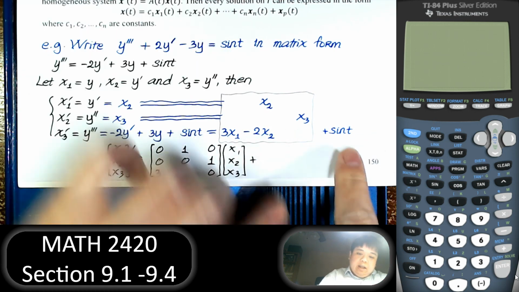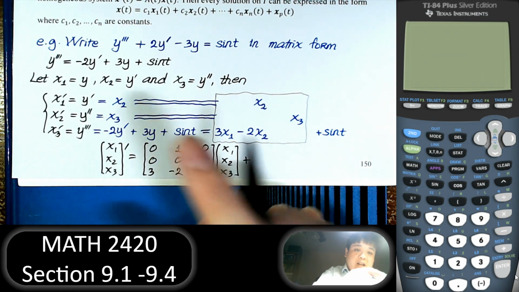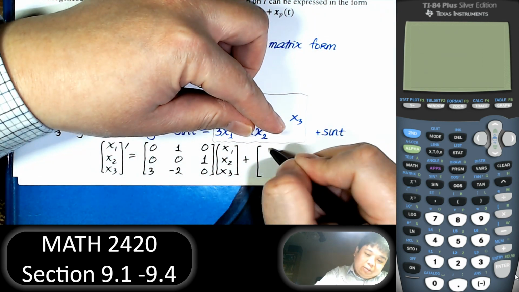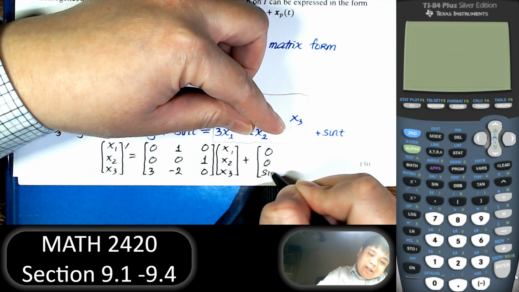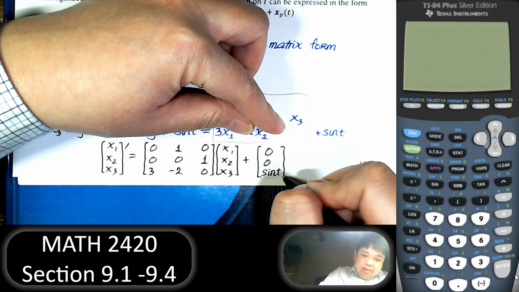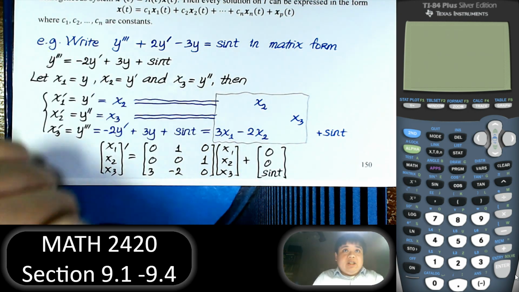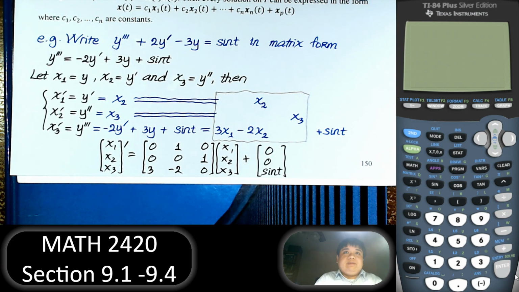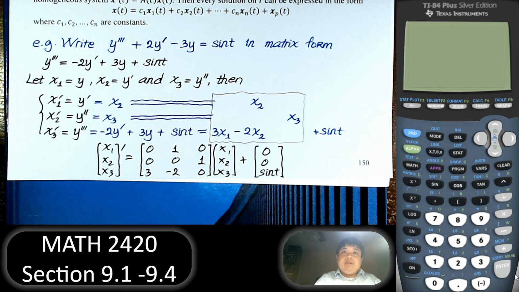The sine t by itself only applies to the last row, so we're going to have 0, 0, and sine t. So we write this non-homogeneous system in matrix form. I just want to do one example of this before we end the section.